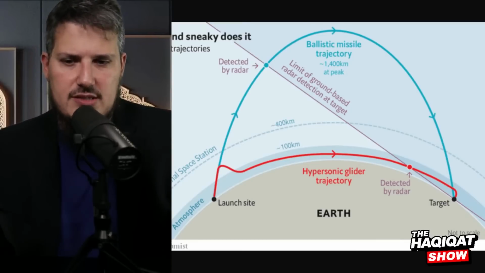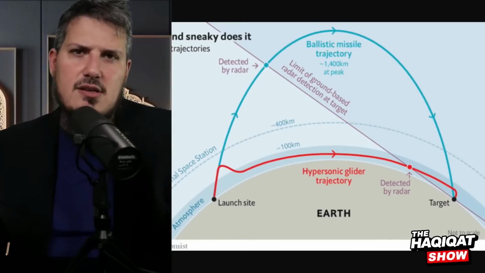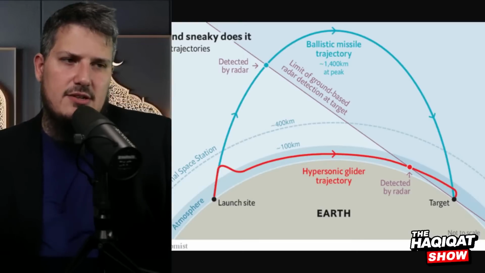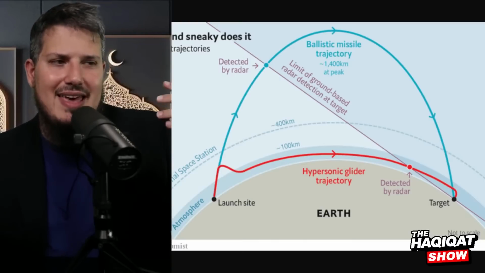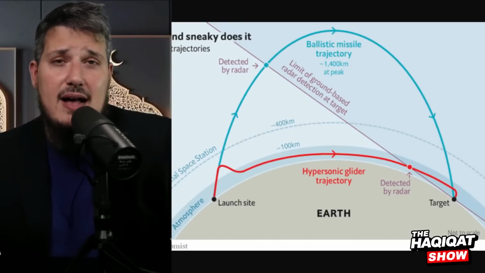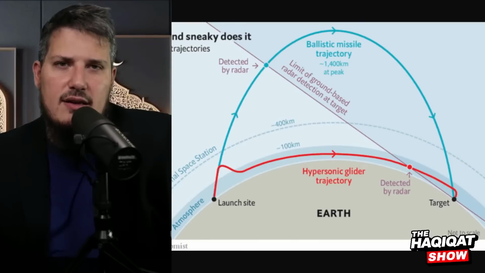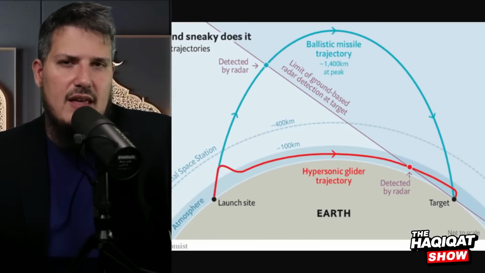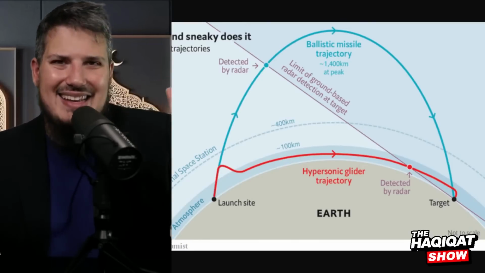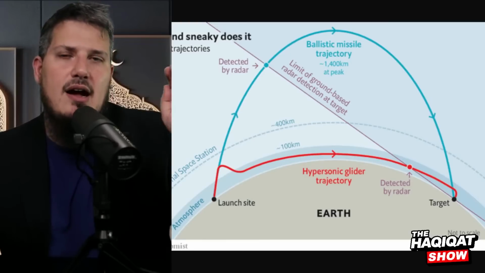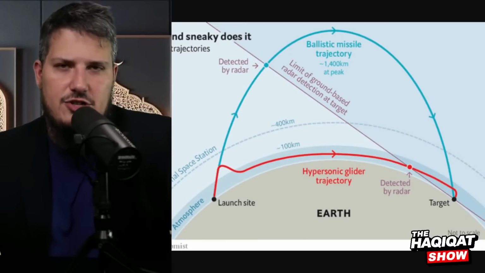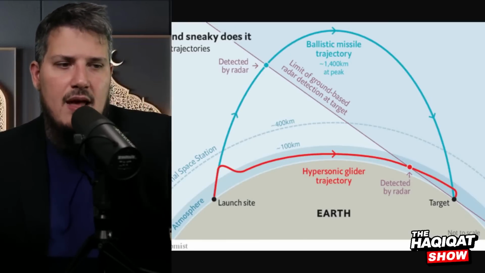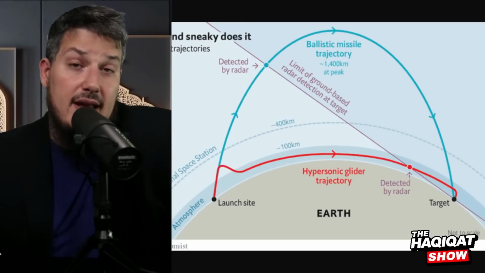They have Jericho missiles. Jericho missiles are conventional ballistic missiles. They follow the parabolic trajectory. They can be intercepted. Iran also has air capabilities. They have fighter jets that can intercept any kind of Israeli fighter jet or bomber that tries to penetrate Iranian airspace.